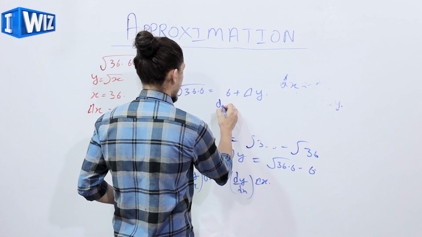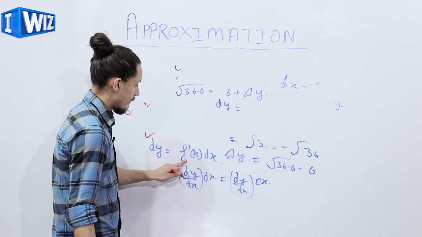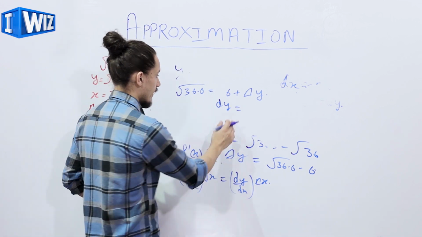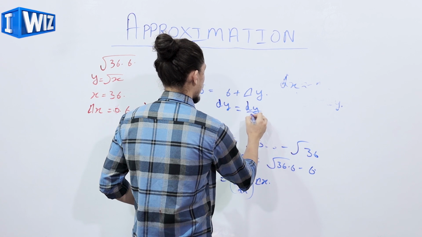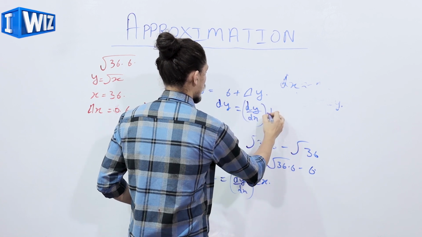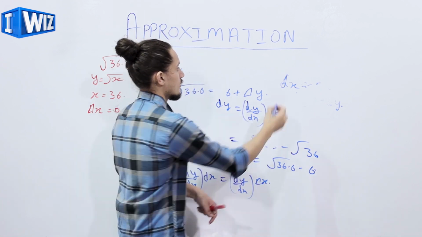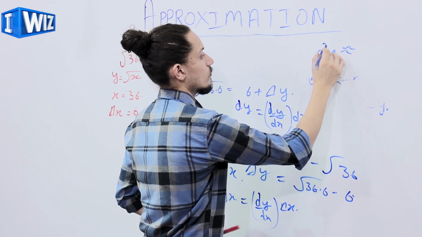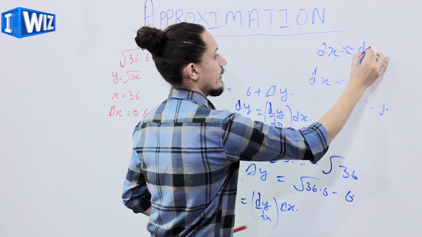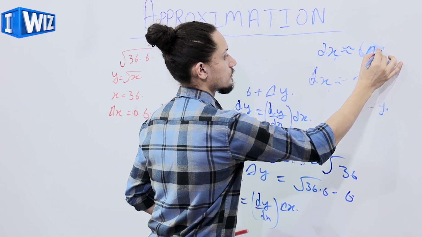Now we know dy is equal to f dash x into dx. F dash x means dy by dx into dx, and dx is approximately equal to delta x.